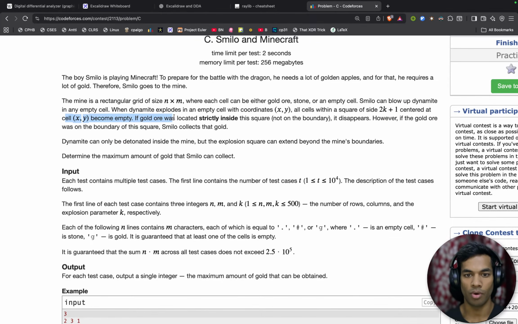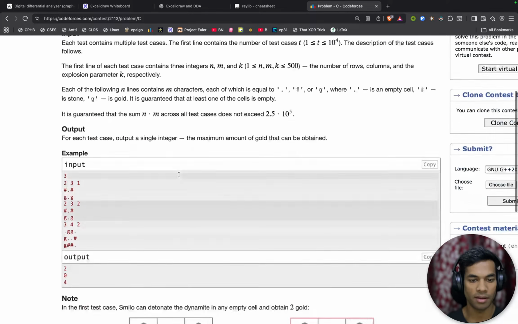If the gold ore was located strictly inside this square, not on the boundary, it disappears. However, if the gold ore was on the boundary of this square, Smilo collects that gold. Dynamite can only be detonated inside the mine, but the explosion square can extend beyond the mine's boundaries. Determine the maximum amount of gold that Smilo can collect.